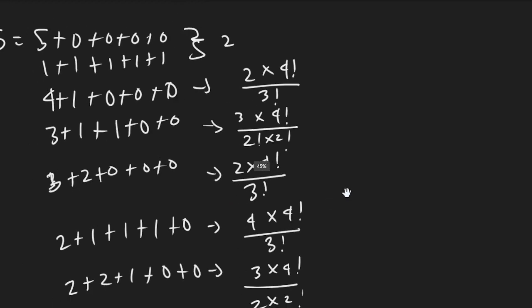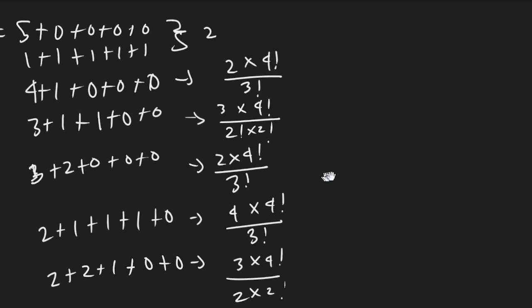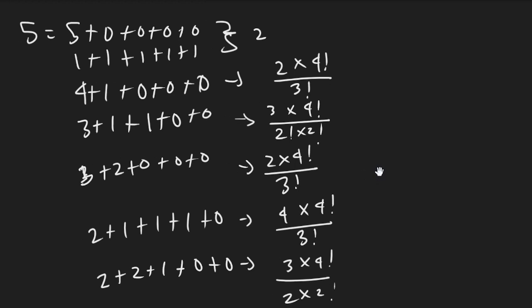Let us just make this smaller. 2 times 4 factorial over 3 factorial is basically 2 times 4, which equals 8. The next one, 3 times 4 factorial over 2 times 2, is basically 3 times 3 factorial, which is 18. The next one is the same as the 4 plus 1, so we have 8 here.